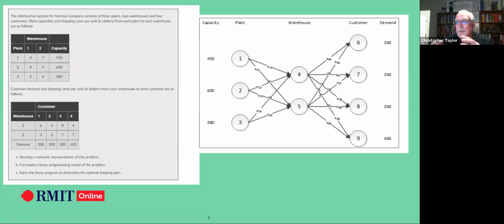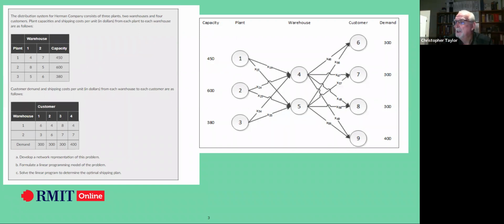This is a very simple model, but imagine if it was huge, if we're talking about global networks and hundreds of warehouses all around the world with different plants. It would get quite confusing and very easy to get lost. So by using that nomenclature, you know exactly that's node 1 to node 4.